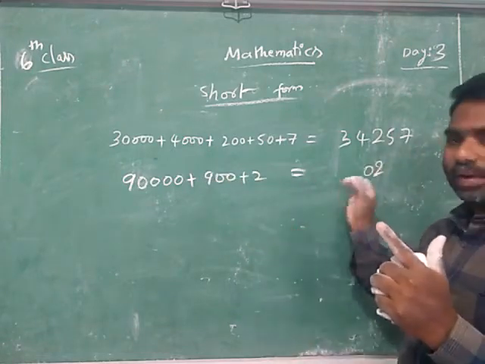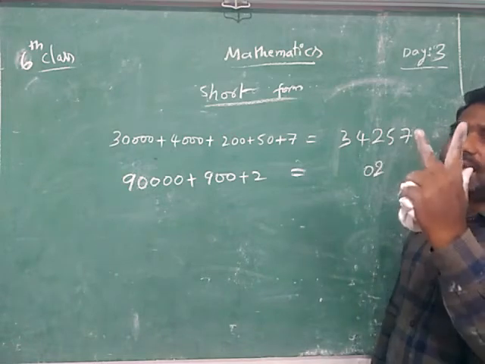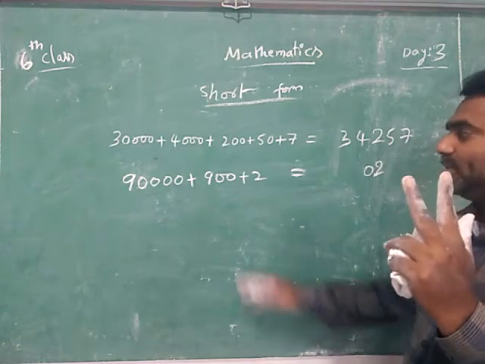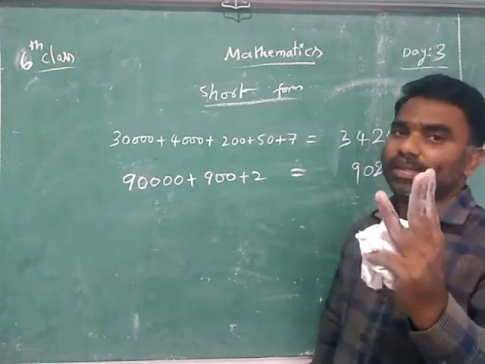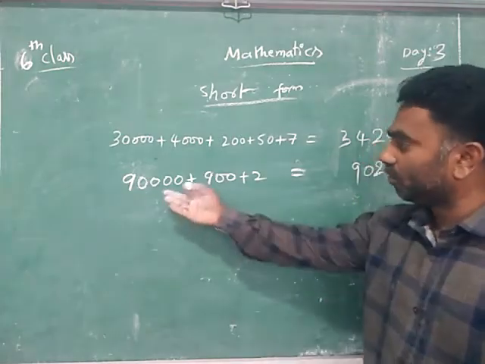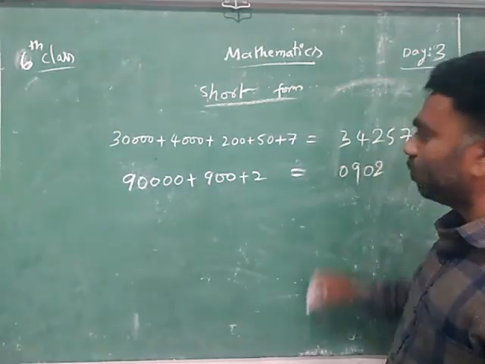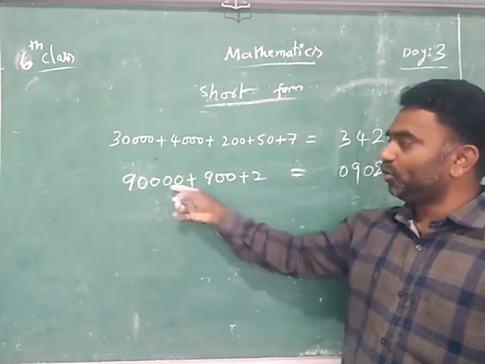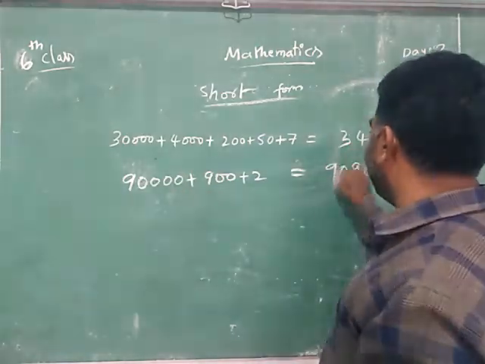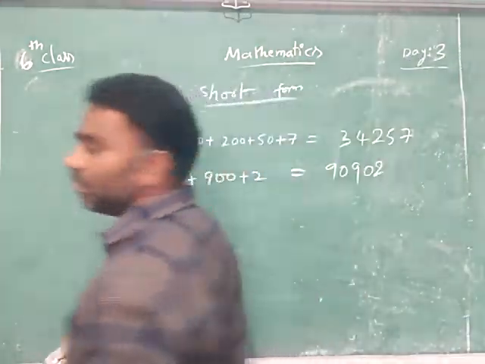If it is not there, you write 0. After tens, hundreds. Yes, there is hundreds here. 900 is there. That's why 9. Next, thousands place. Thousands place means 3 zeros. You don't have that. That's why 0. 10,000s is there. 40,000 is there. That is 4. This is the way of writing short form.